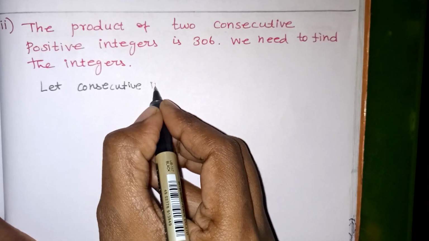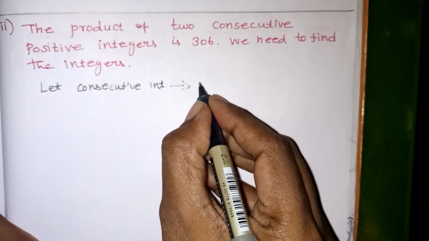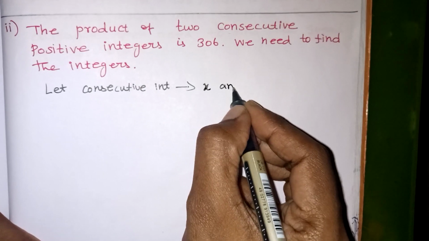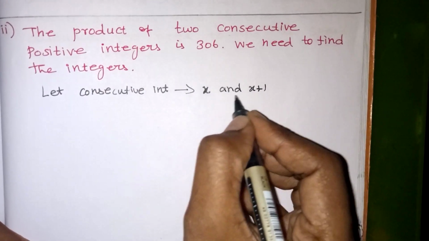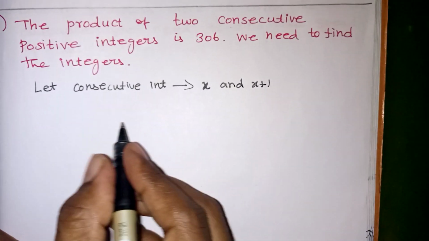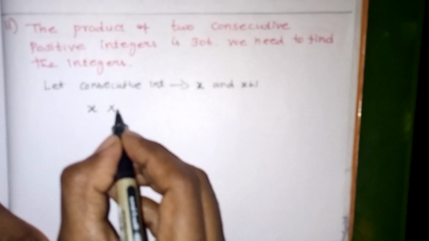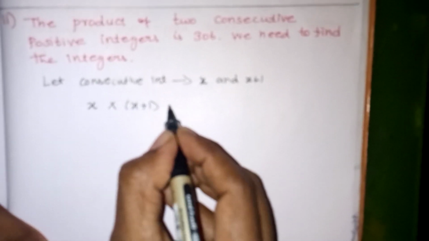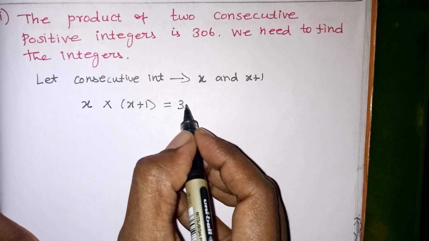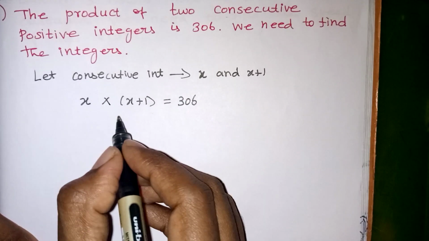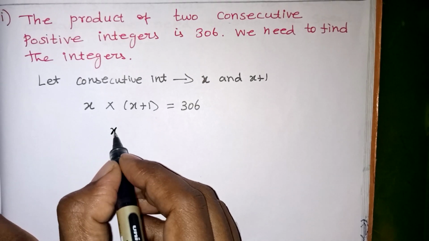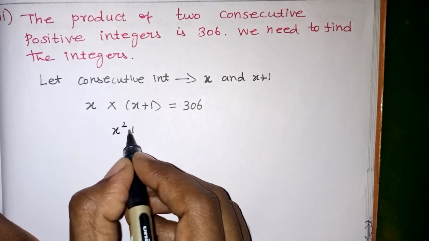Consecutive integers, let us take x and x plus 1. So x is my first number and the next continuous number will be x plus 1. Product means multiplication. So x multiplied by x plus 1 will give you 306. Let us multiply inside. X into x gives x squared. X into 1 gives x.